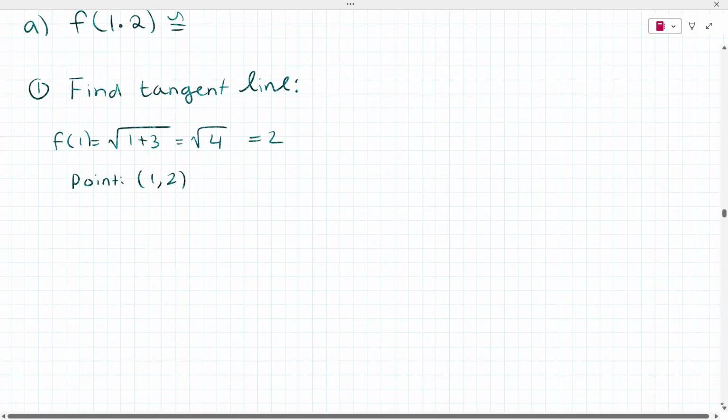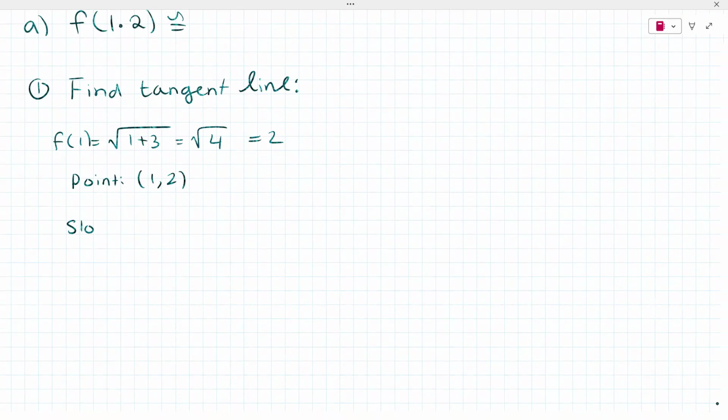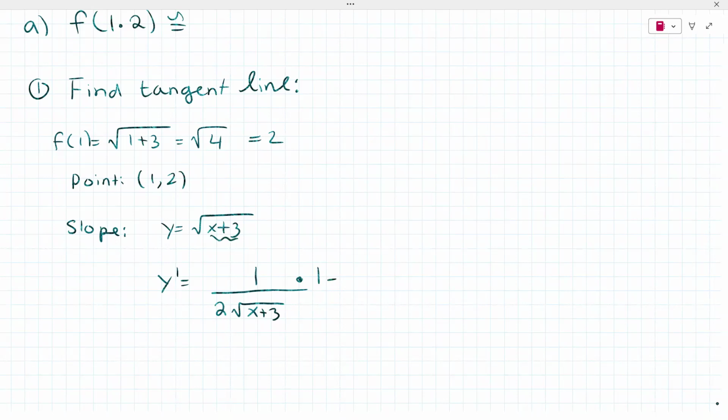And then let's find the slope. We have y equals square root of x plus 3. So y prime is going to be 1 over 2 square root of x plus 3, times the derivative of x plus 3, which is 1.